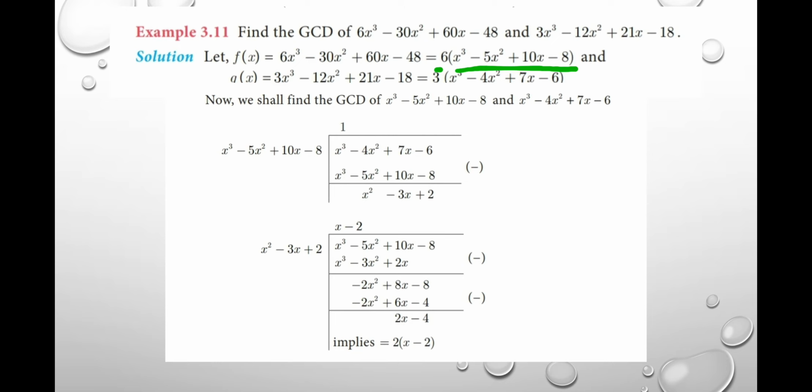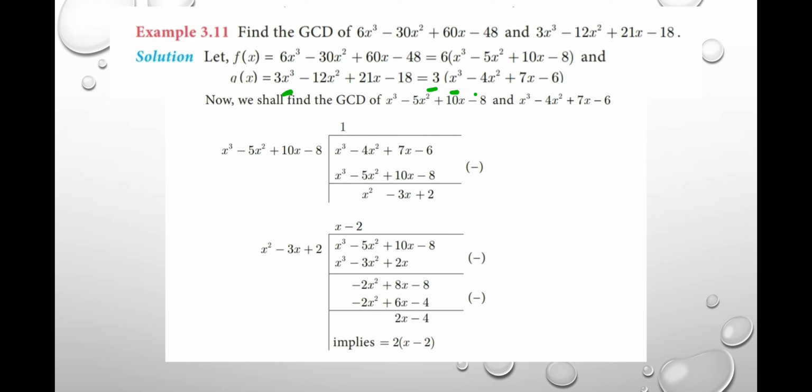And g of x is equal to 3x cube minus 12x square plus 21x minus 18. In this also there is a common factor 3 which can be taken out. What is remaining? 3 into x cube inside.